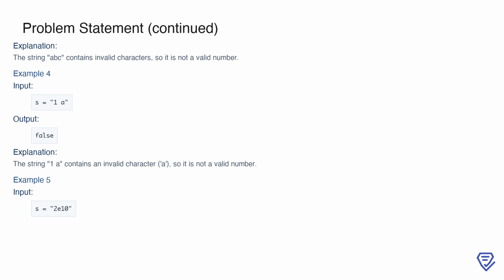This is because the string represents valid scientific notation. Specifically, -90e3 corresponds to the number minus 90 multiplied by 10 raised to the power of 3. However, for the input s equals "1e", the output is false. The reason is that the exponent e must be followed by an integer, and in this case, it is not, making the string invalid as a number.